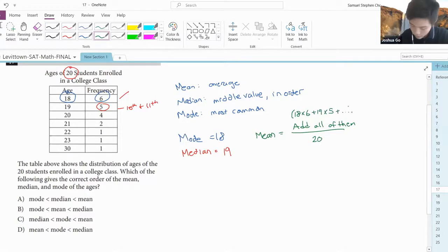Doing the math on your calculator, you arrive at 400 over 20, which is 20. Now that we have all three of these values, we can quickly see that the mode is less than the median, which is less than the mean. And the answer choice that reflects this would be A.